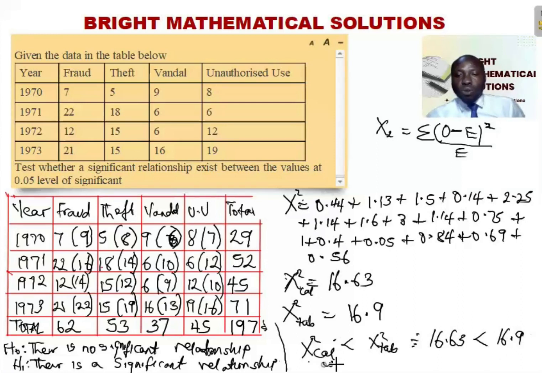So we reject the H0. So we are going to reject the H0 and we are going to accept the H1, which is there is a significant relationship between these variables. So they are correlated, they are significant in this analysis. So that is that about that.